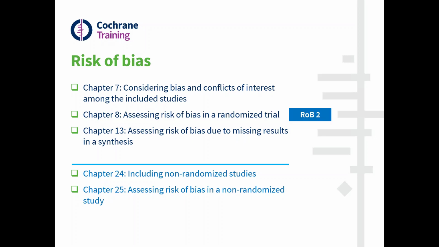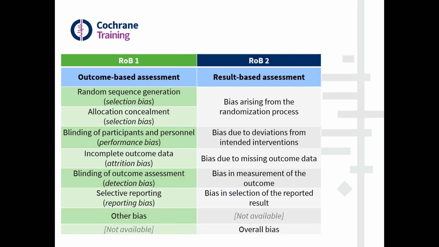Of course, chapter 8 on the new tool for assessing risk of bias in randomized trials is one of the major developments a lot of people will be noticing in the new handbook. A lot of work has been done over the last 4 or 5 years developing a revised version of the tool, responding to a lot of feedback, criticism, experience, and so on.